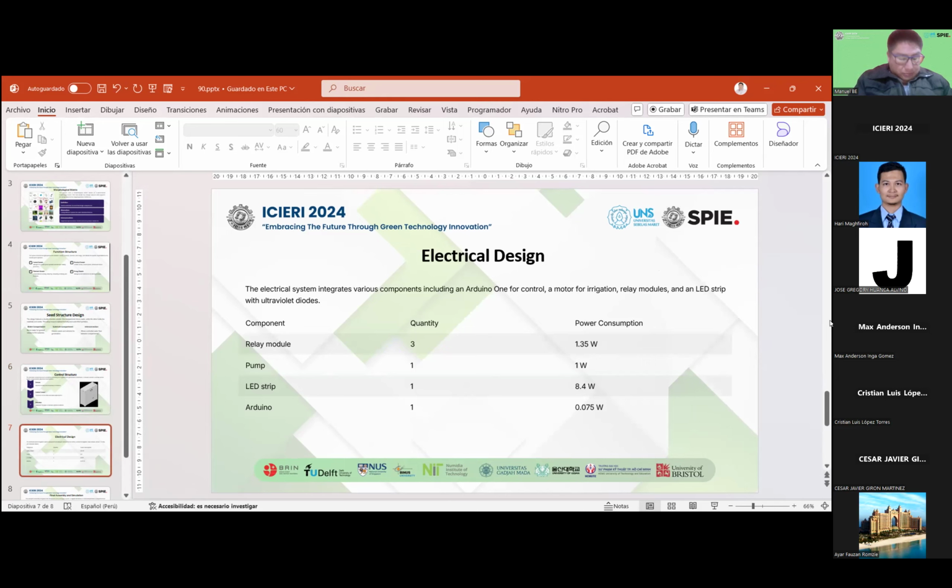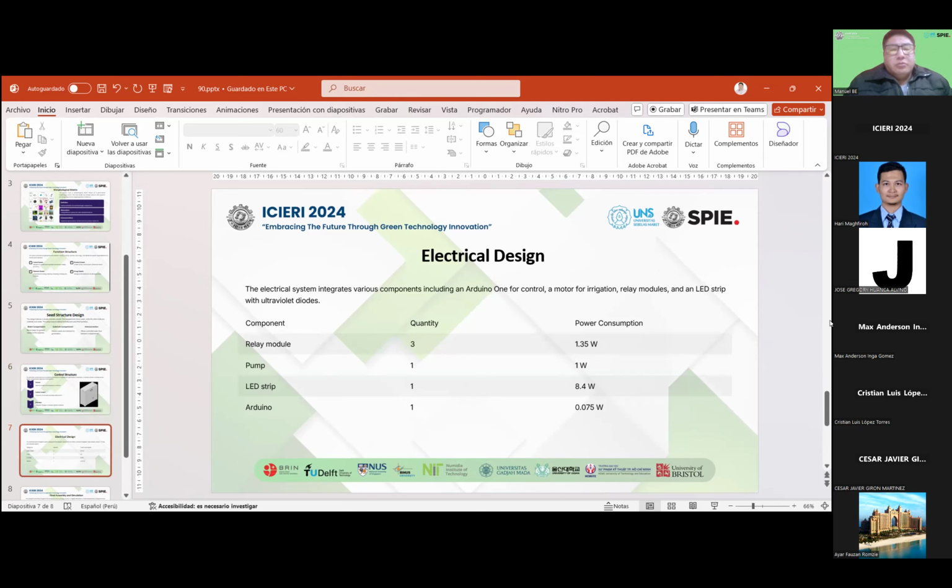Electrical design. The electrical system integrates various components, including an Arduino Uno for control, a motor for irrigation, relay modules, and an LED strip with ultraviolet diodes.